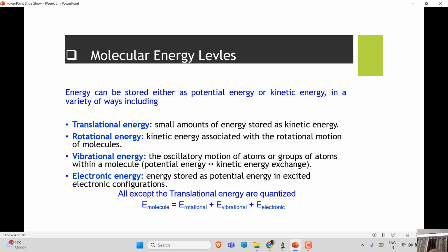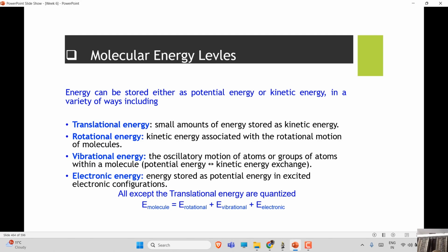And energy can be stored either as potential energy or kinetic energy in a variety of ways, including translational energy, small amounts of energy stored as kinetic energy, or rotational energy, kinetic energy associated with the rotational motion of molecules.